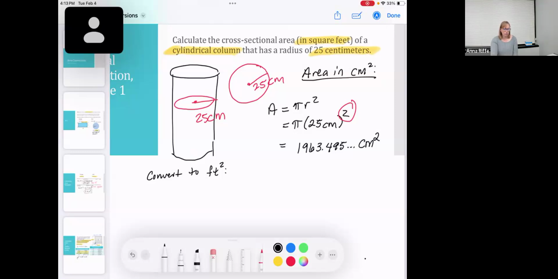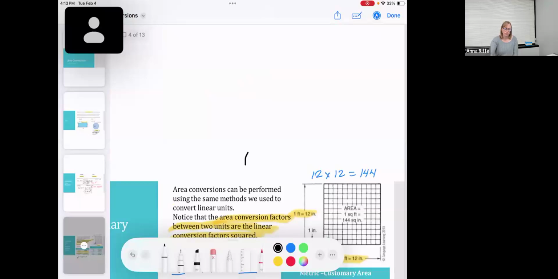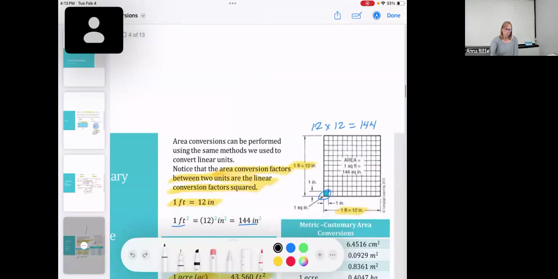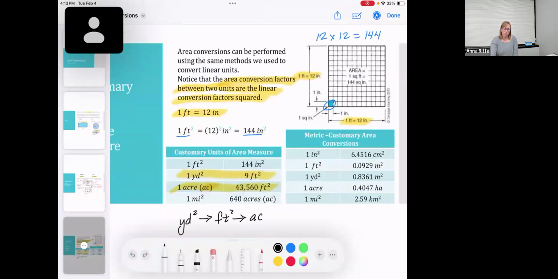We're going to look back at our conversion factors that were given, and we're going to try to find a path from square feet to square centimeters. Square centimeters, it looks like it shows up here, not connected to feet.